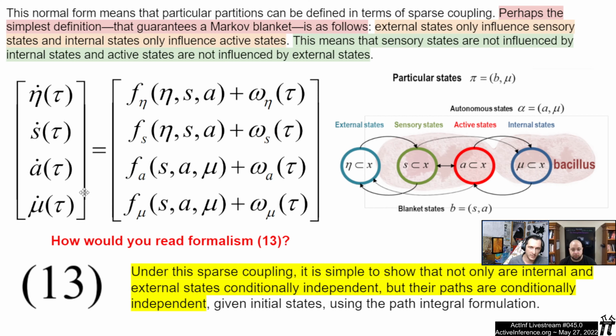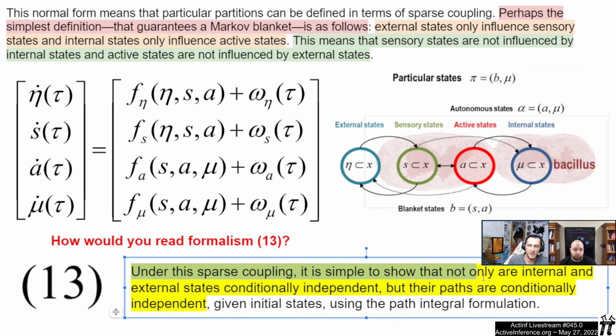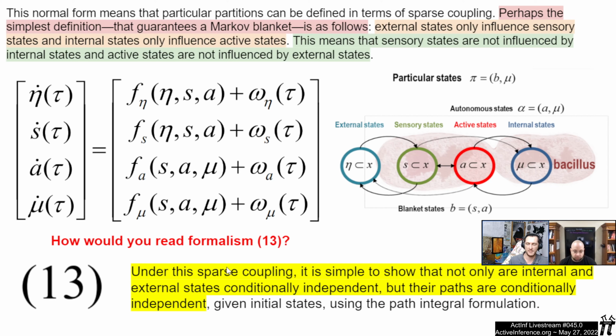The bottom two rows are the autonomous states, defined as functions of flows that are using the particular variables, whereas the external and sense are driven by external facing variables. How would you read that? Under the sparse coupling, it's simple to show that not only are internal and external states conditionally independent, but their paths are conditionally independent, given that path integral formulation. Okay. Any thoughts on these last few?